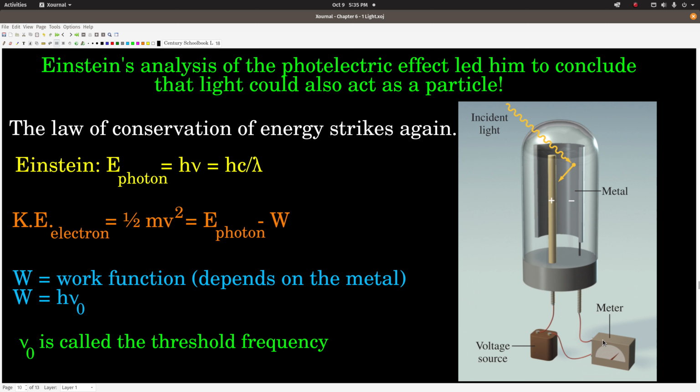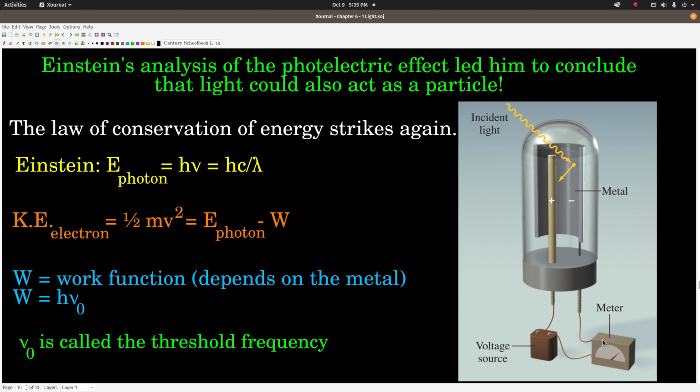Their thinking was, well, the brighter the light, the higher the amplitude of the waves, and the higher the energy, right? So you shouldn't be able to make it bright enough to kick off an electron, but they couldn't. But they found that once they reached some certain wavelength or frequency, called the threshold frequency, then no matter how weak that light that was hitting that metal, they would see a current.